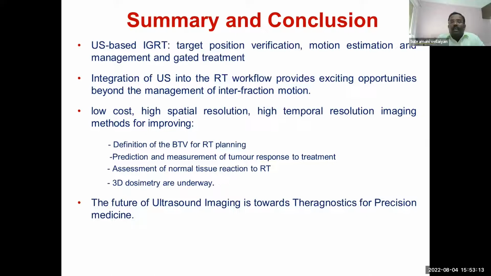In order to have that array of technology to establish the research, the diagnostic and prognostic potential combined are there with ultrasound in the future. With this, I thank you for your patient listening. I would be happy to take questions. Thank you all.